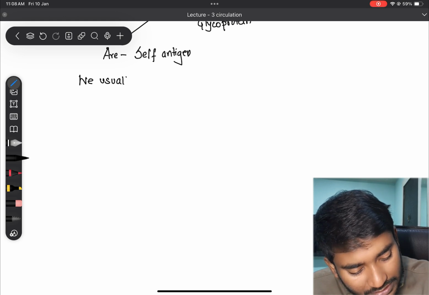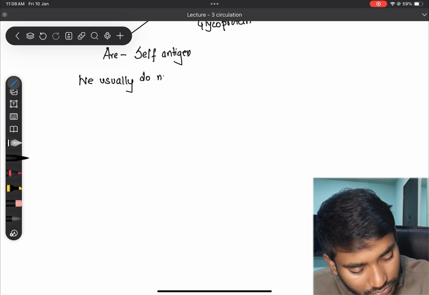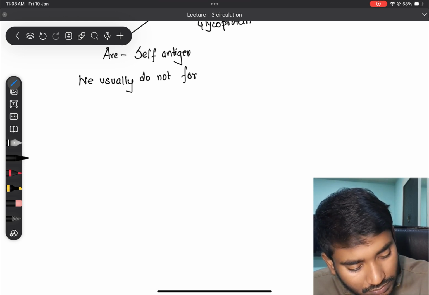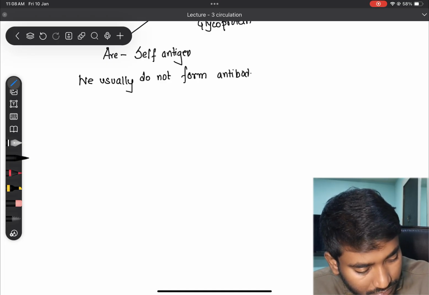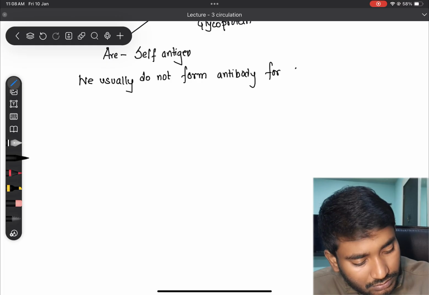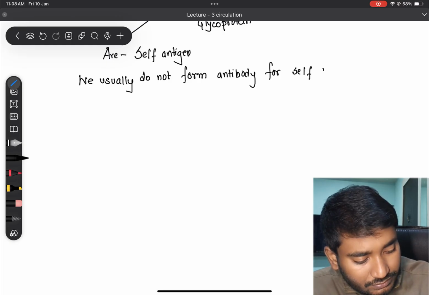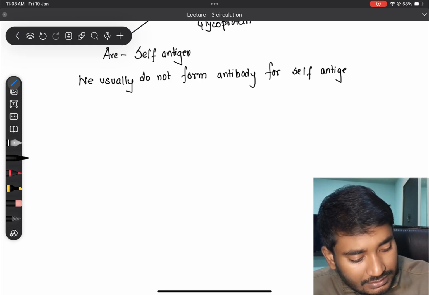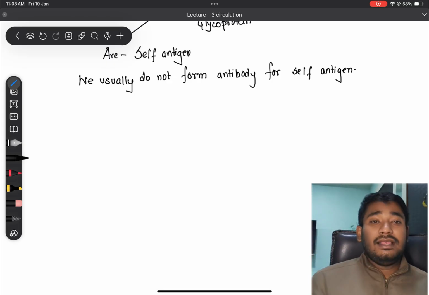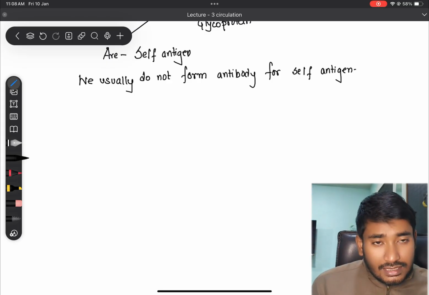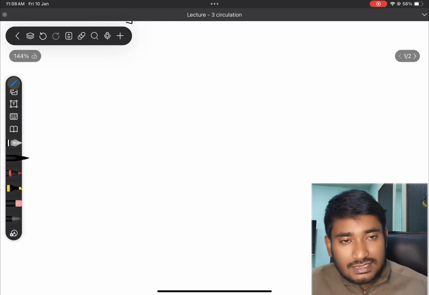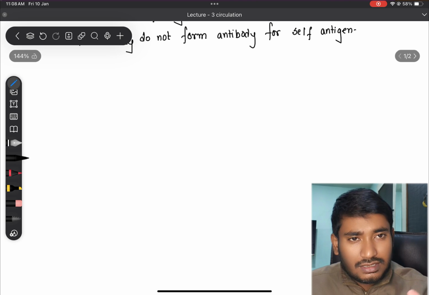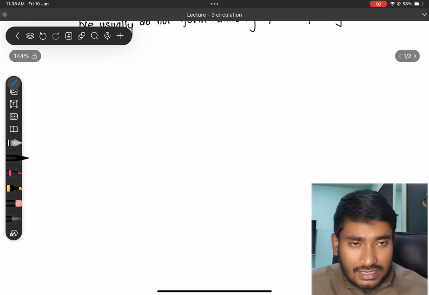We usually do not form antibody for our self antigen, and if by chance we form antibody for our self antigen, then that disease is known as an autoimmune disease. I will give a brief idea of the autoimmune disease in the later part.